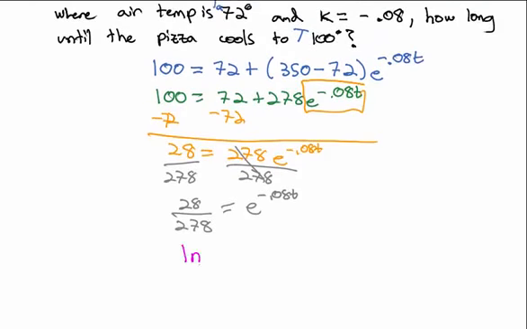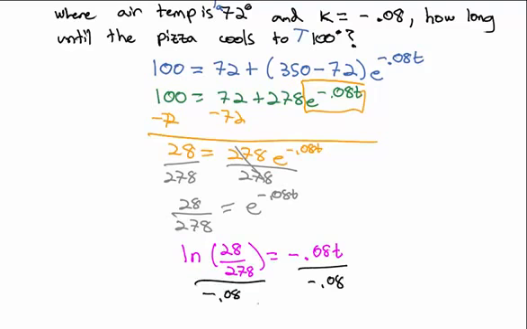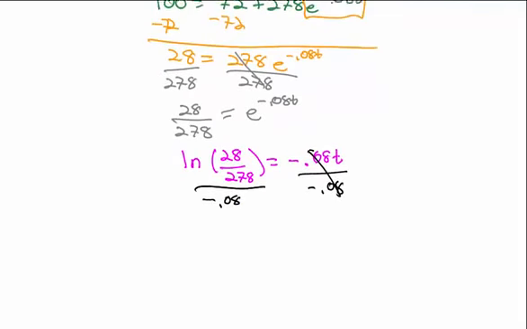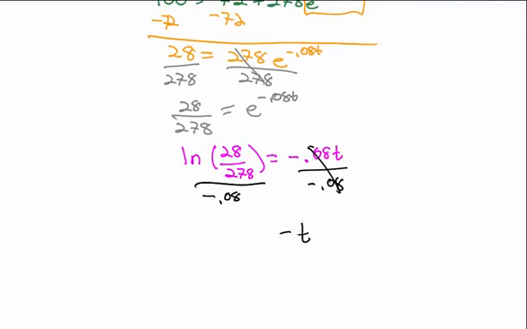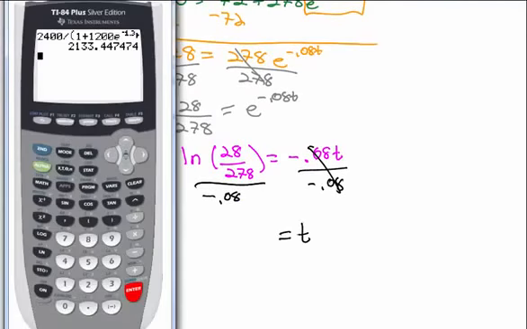Converting this to a natural log, because we already have the base e, the natural log of 28 over 278 is equal to negative 0.08 t. So to get t alone, we just have to divide by negative 0.08 on both sides. And now we will know our time when we type this into our calculator.